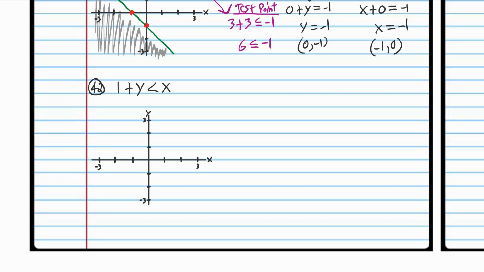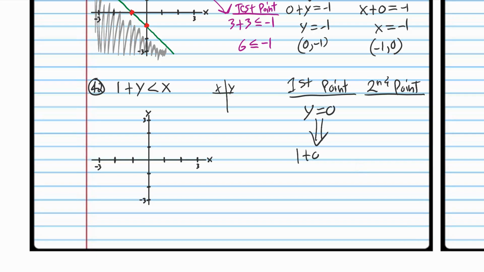All right, we're back. And let's try, x is solved for, so we're going to plug in y. Let's try 0 for y. So x is equal to 1. The point is 1, 0. Now let's try -1 for y.